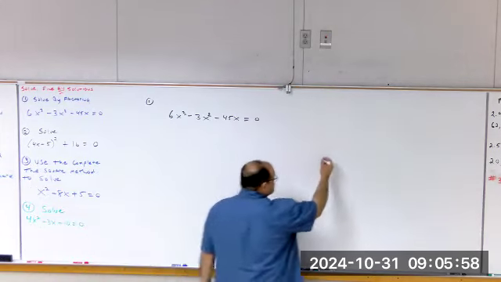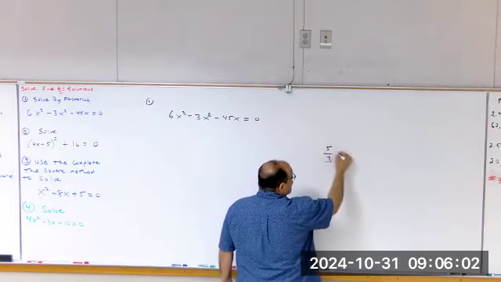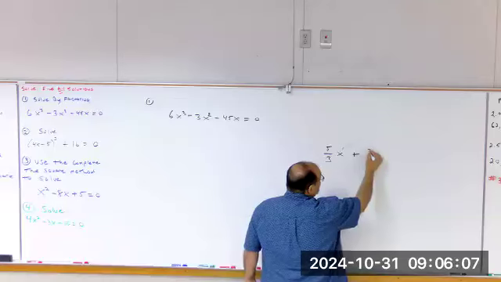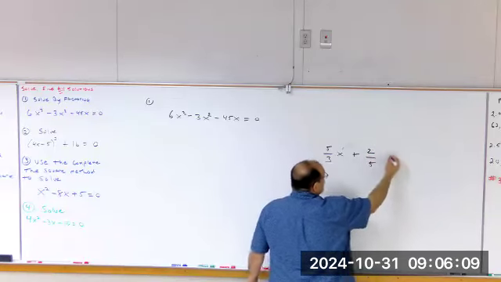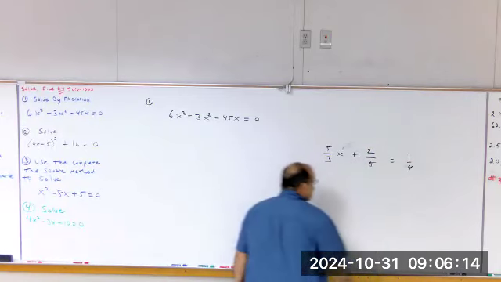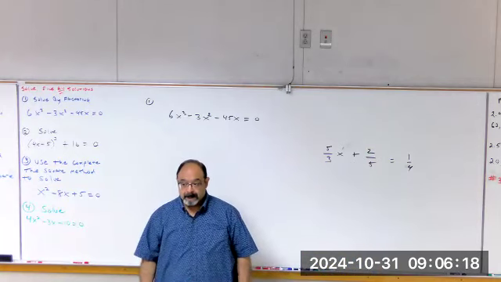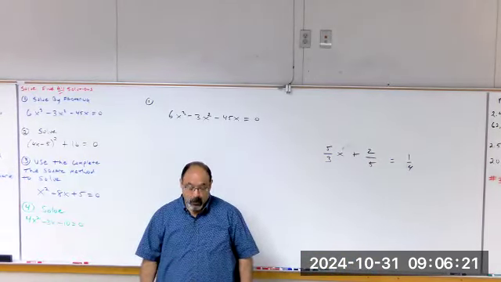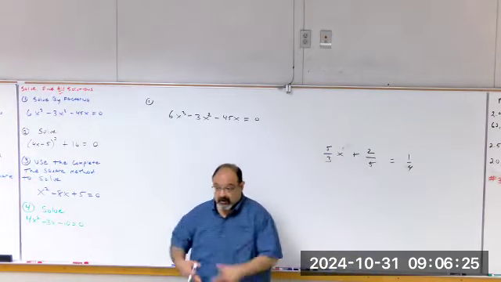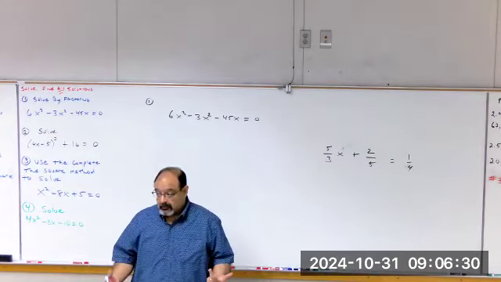So 5 over 3x squared, or 5 over 3x plus 2, equals 1/3 or 1/4. And when I say what's the least common denominator, I hear 3. Or I will hear 15. 4 isn't going to go into 15. It's got to go into all of them.